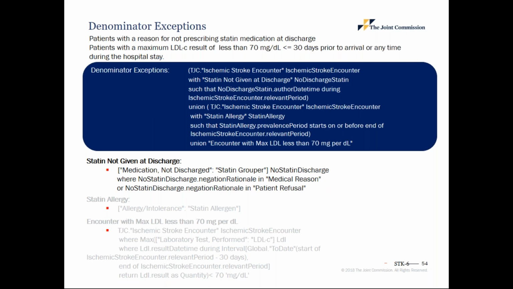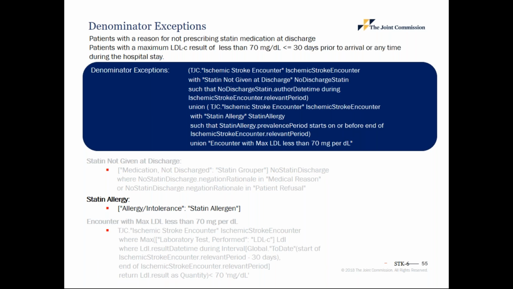In the first expression highlighted here, statin not given at discharge uses the same negation rationale as we discussed in stroke 3, where if a medical reason or refusal is captured as a reason for not prescribing, that will satisfy the measure. Patients with a documented statin allergy or intolerance will also satisfy the measure.